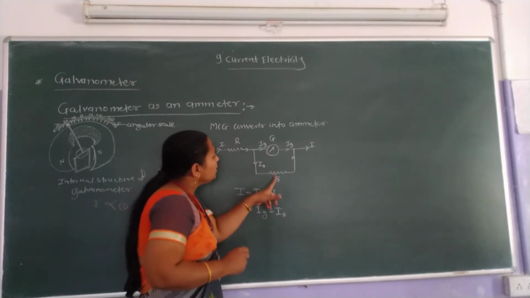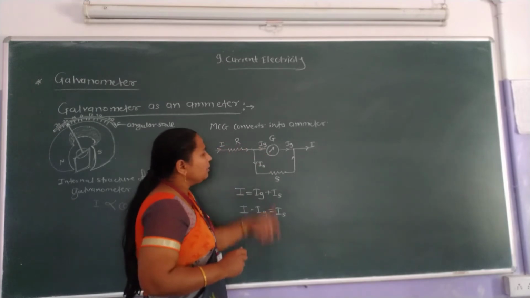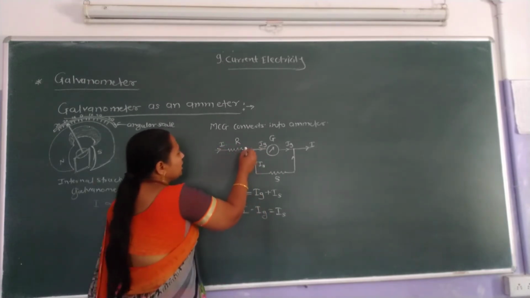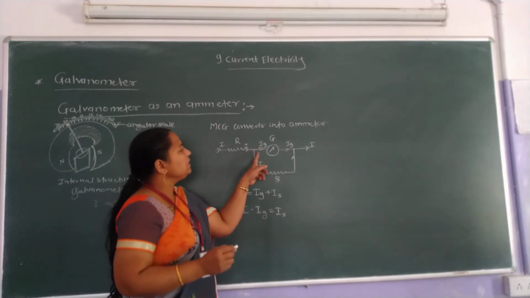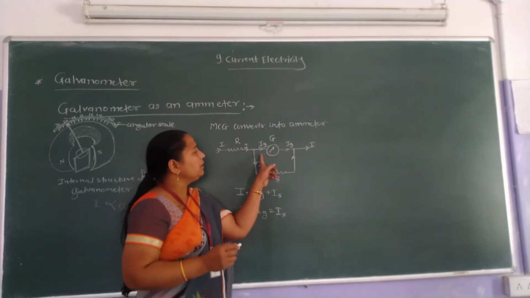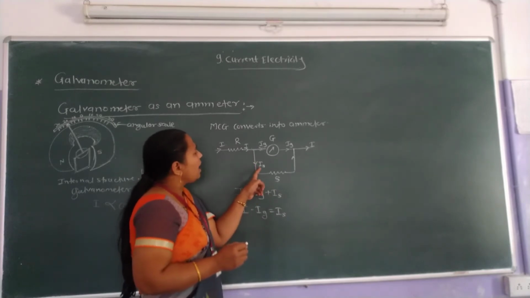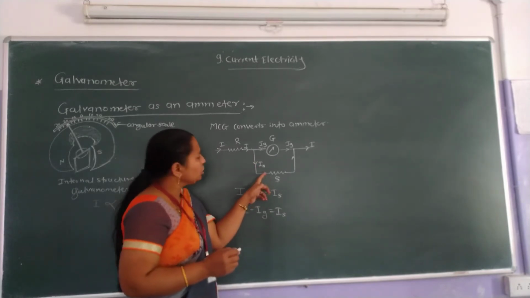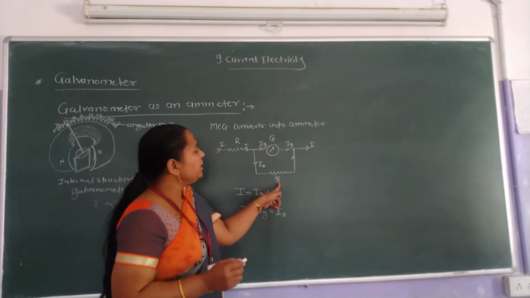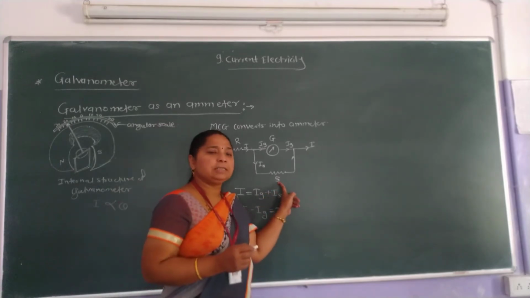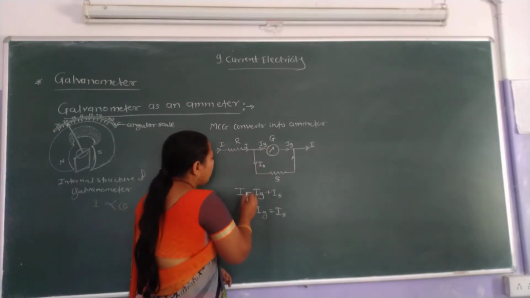But when the shunt resistance is connected in parallel with the galvanometer, the current splits into 2 arms. The first is through the galvanometer, with current Ig, and the other through the shunt resistance Rs. A parallel resistance connected with the galvanometer is known as shunt resistance.